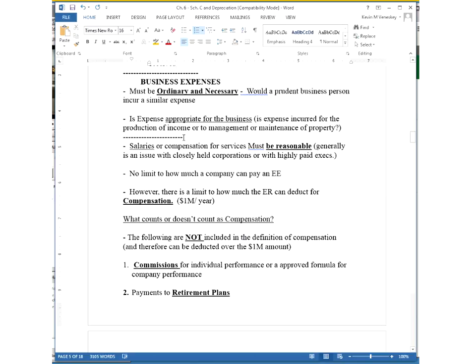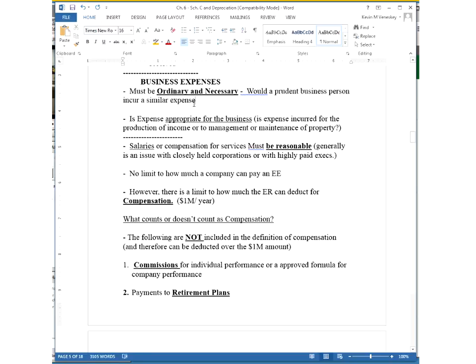Expenses is where you really start breaking things down a whole lot. First part is ordinary and necessary. Basically, would a typical business person with a similar background and similar expertise have the same expense as you?